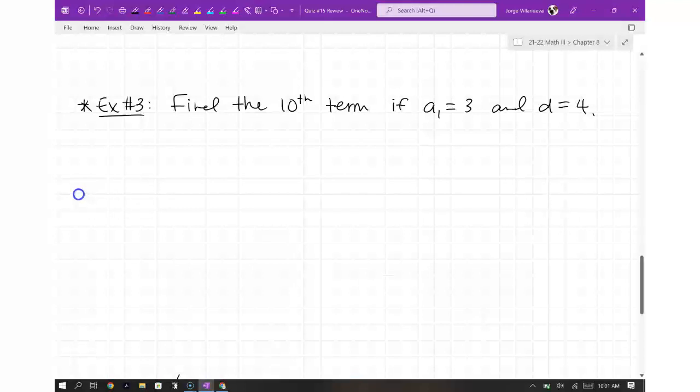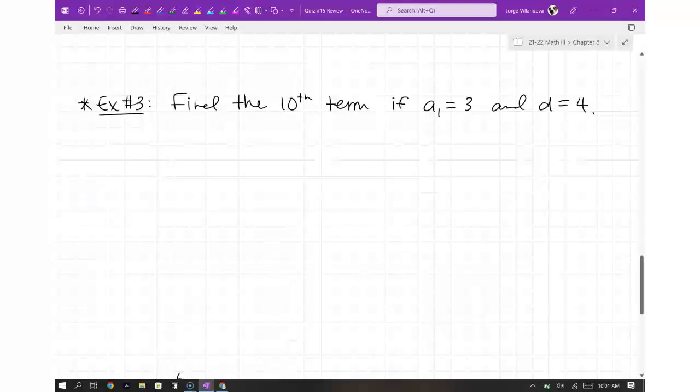All right. Find the 10th term if a sub 1 is 3 and d is equal to 4. Since you've got to find a term, you're going to use the term finder formula that tells you what the term is. A sub n is equal to a sub 1 plus d times (n minus 1). Now they said they want the 10th term.